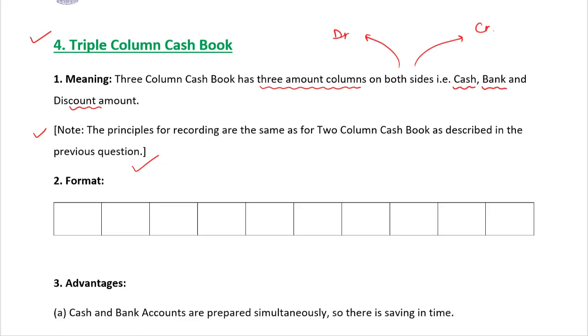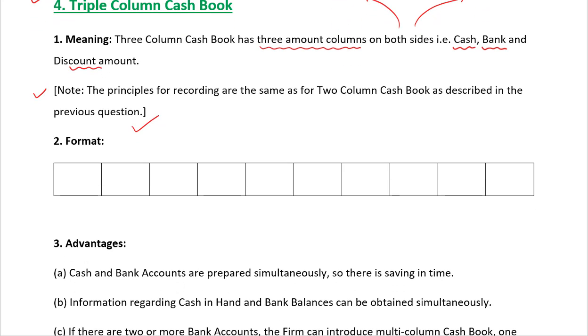Let's see the format. We have date, we have receipt, then we have cash, bank, discount allowed.